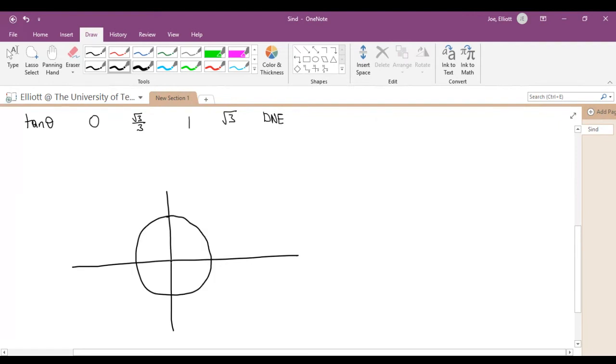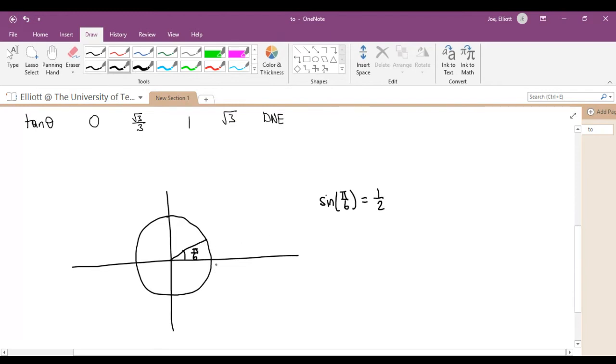As an example, let's look at the angle of pi over 6. We know that sine at pi over 6 is going to be 1/2, okay?